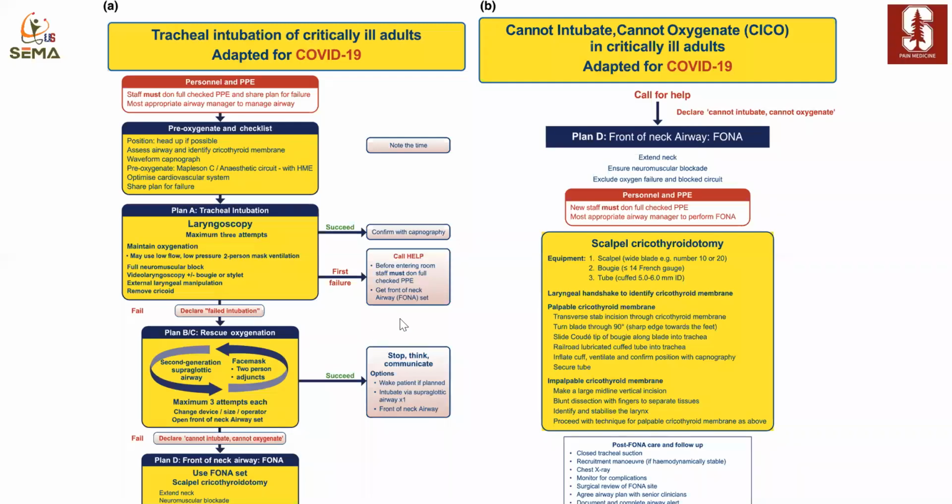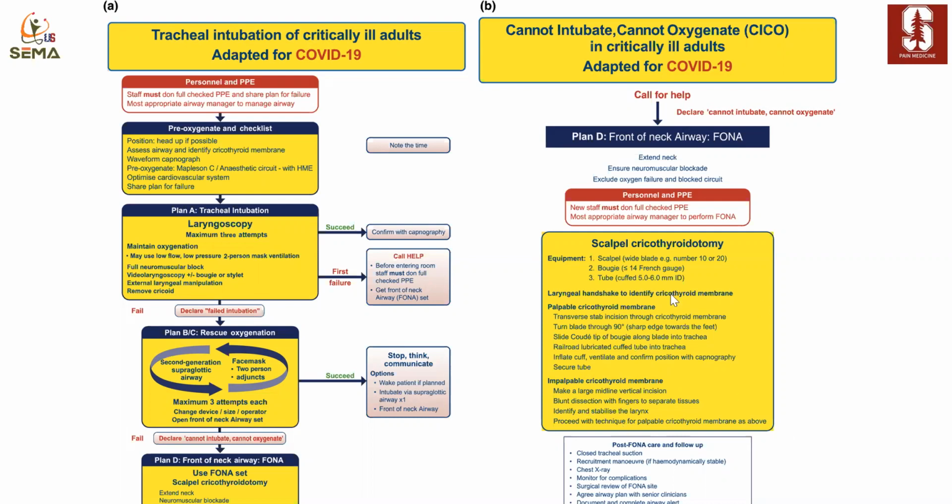This is very similar to the difficult airway algorithm that I showed you a few slides before, but adjusted or modified for a COVID-19 patient. But again, the key is to have your PPE, and remember to call for help early.